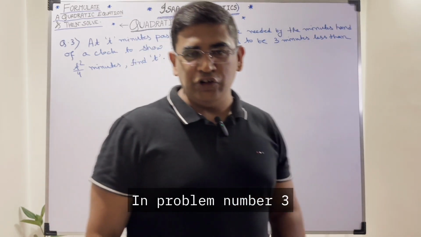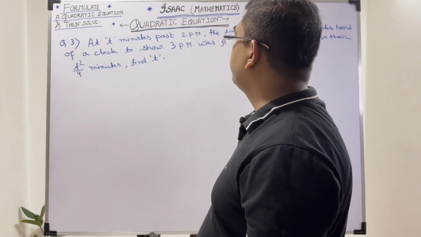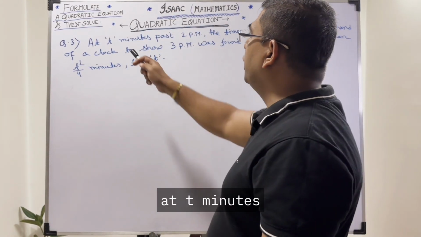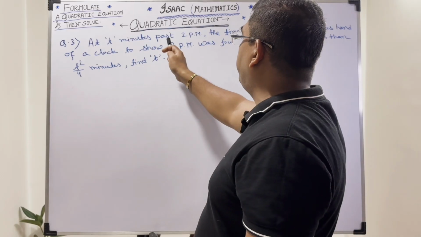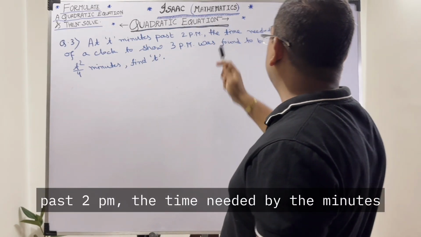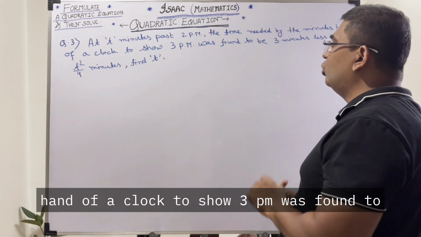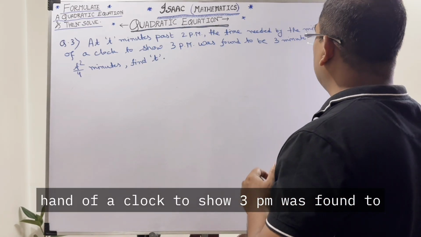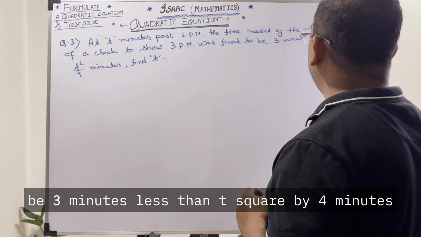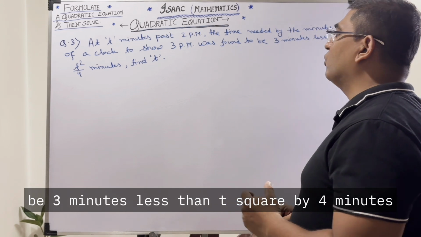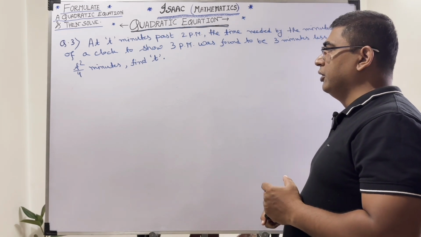In problem number 3, we have: at t minutes past 2 p.m., the time needed by the minute hand of a clock to show 3 p.m. was found to be 3 minutes less than t square by 4 minutes.